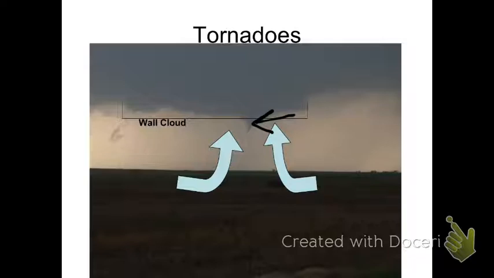It is a very small rotating column of air that's extending out of the wall cloud. Once you start seeing debris or dust fly up, that means the tornado is on the ground, causing damage, and the National Weather Service can officially report a tornado is on the ground. This picture will instigate a tornado warning, which means a tornado is actually happening.